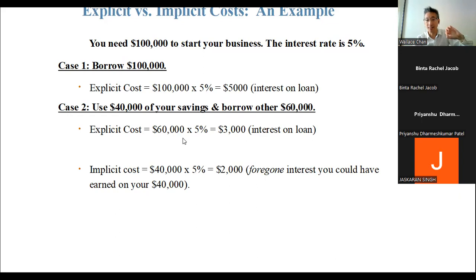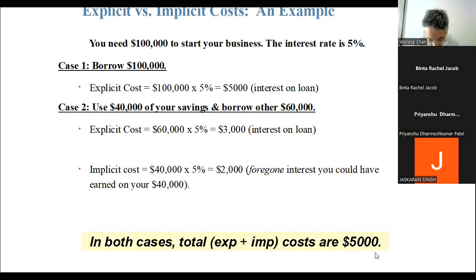But the concept is that you don't only look at the explicit cost, the money that you need to pay to someone, but you also need to look at what you have forgone, what you have sacrificed. Economists say when you think about cost, you need to consider both. In both cases, the costs are 5,000, so it doesn't make a difference.